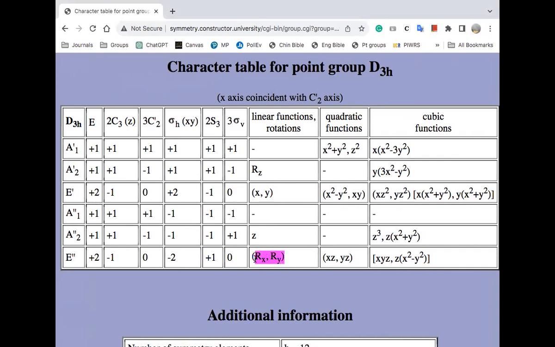These are the rotational modes, and we're not considering this. And these are the tensor elements, XZ and YZ. This basically shows the form of the Raman tensor, because any tensor will transform according to this. It's a two-dimensional representation, so not all the elements of the tensor are involved. Only these two elements are involved.